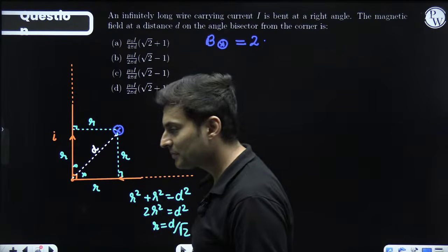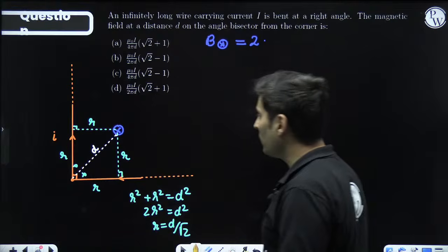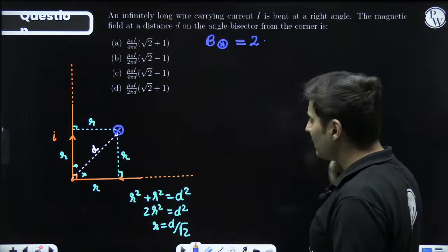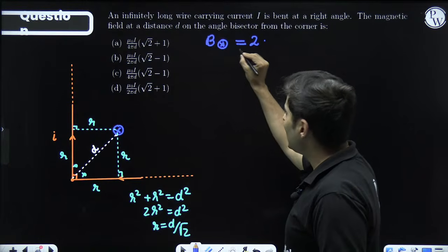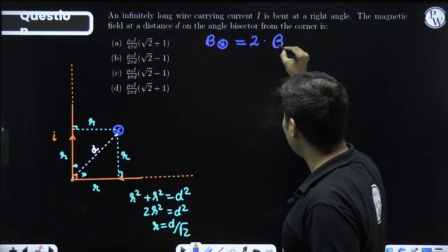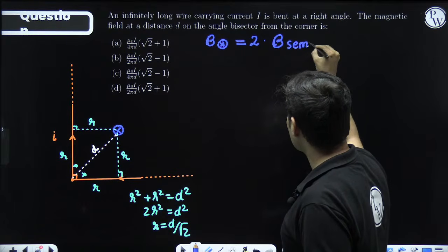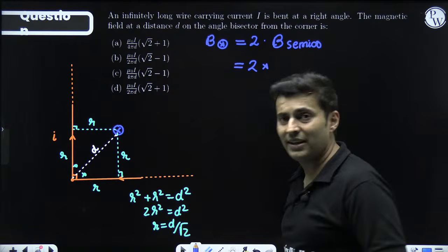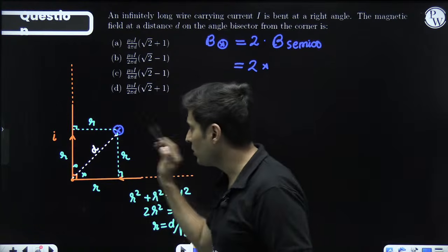Great. So what do we do now, sir? Don't worry, man. See, the logic is still the same. The B net at this point is 2 times the magnetic field due to the semi-infinite wire. Just don't use the semi-infinite wire formula because you are not standing there.